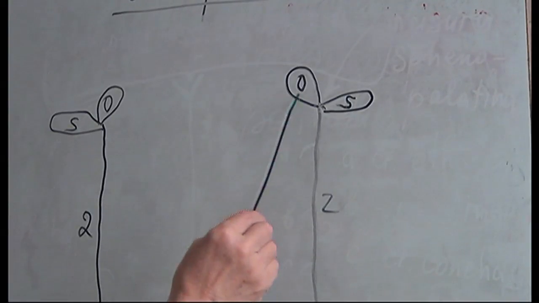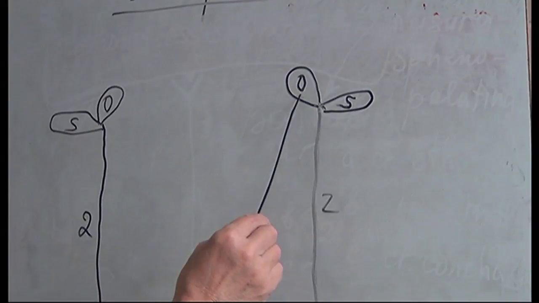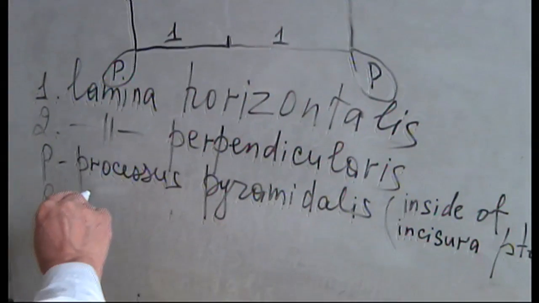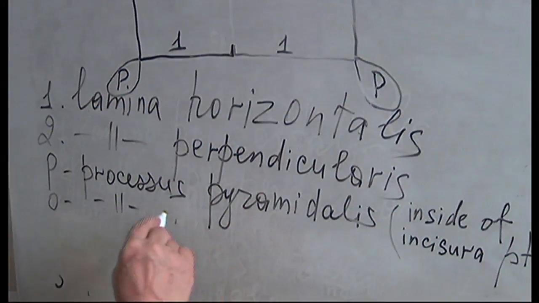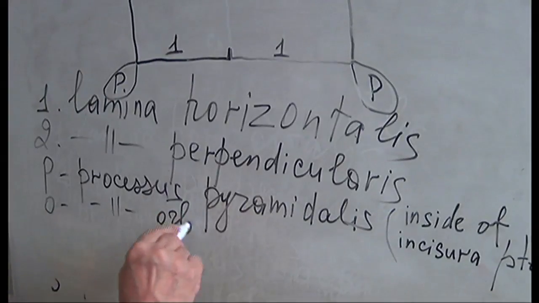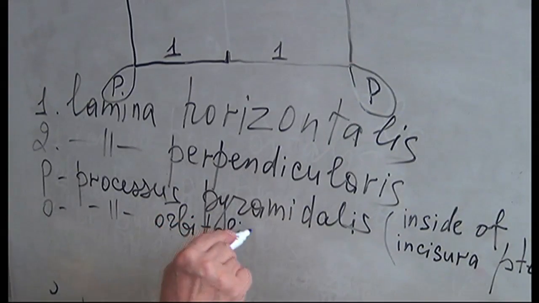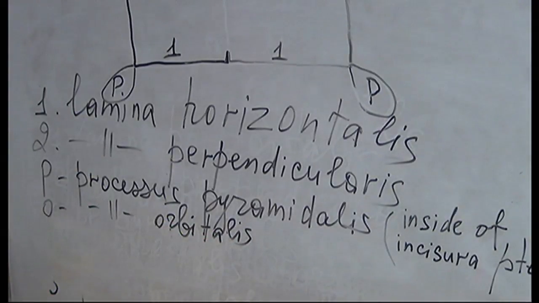This one, designated as O, is processus orbitalis. Processus orbitalis, the orbital process.